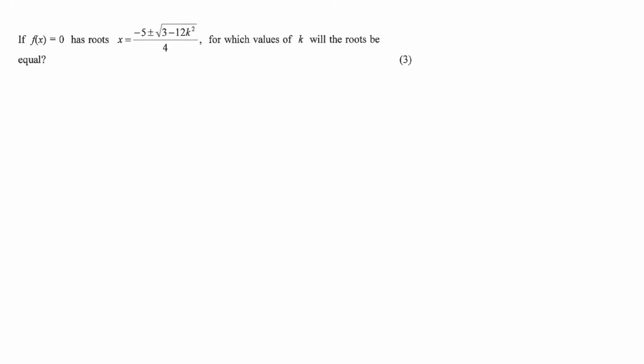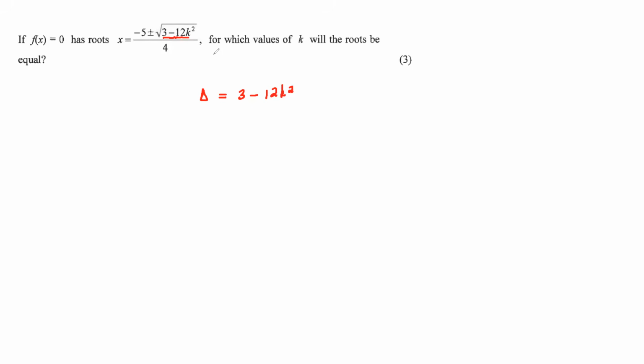So if you notice, this looks like a quadratic equation, how you would solve it. Now, inside the square root sign, that's where we usually put b squared minus 4ac. So what is being represented by b squared minus 4ac in this case is your 3 minus 12k squared. So that's my discriminant right there.